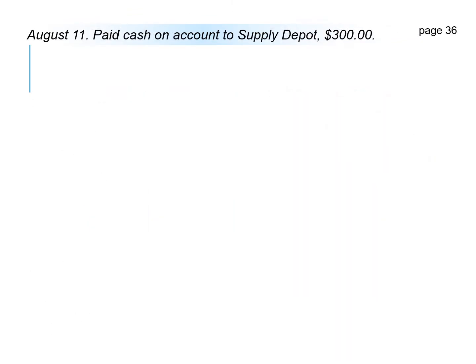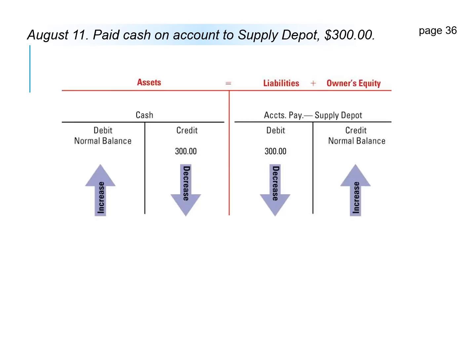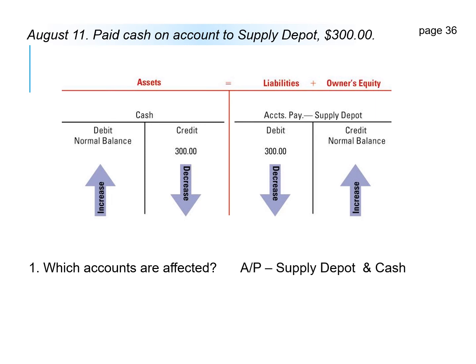August 11th, paid cash on account to Supply Depot, $300. Which accounts are affected? We paid cash, so our cash account is affected, and we paid for it on account. So we know that accounts payable, Supply Depot, will be affected. How is each account classified?